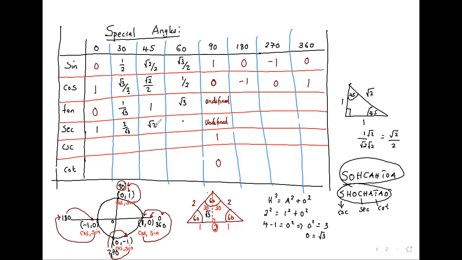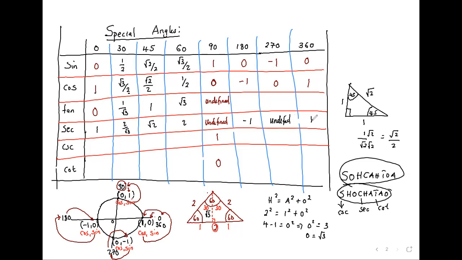And then here, this is going to be 2. This is going to be -1. This will be undefined. And then this will be +1. So you can fill up cosec and cot. These are for you to fill up.